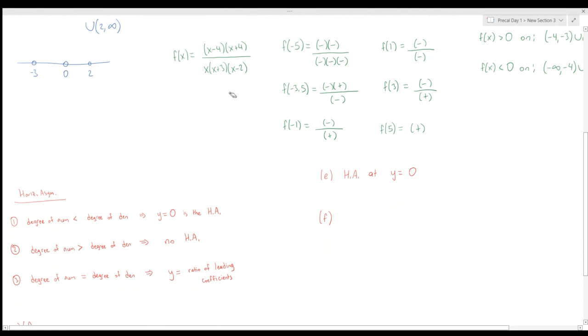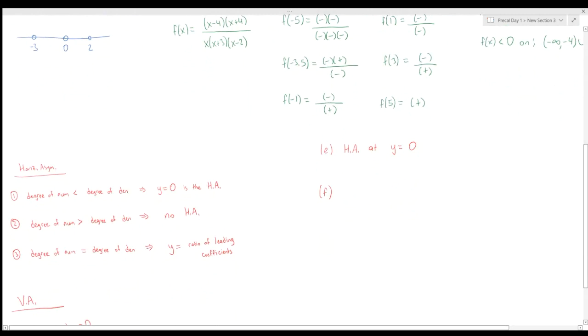In this case, there's nothing to cancel out, because there's nothing in common. So then we look at where the denominator is 0. So we know it was 0 at x equals 0, at x equals -3, and then at x equals +2. So these three vertical lines would be the vertical asymptotes of our function. Okay?